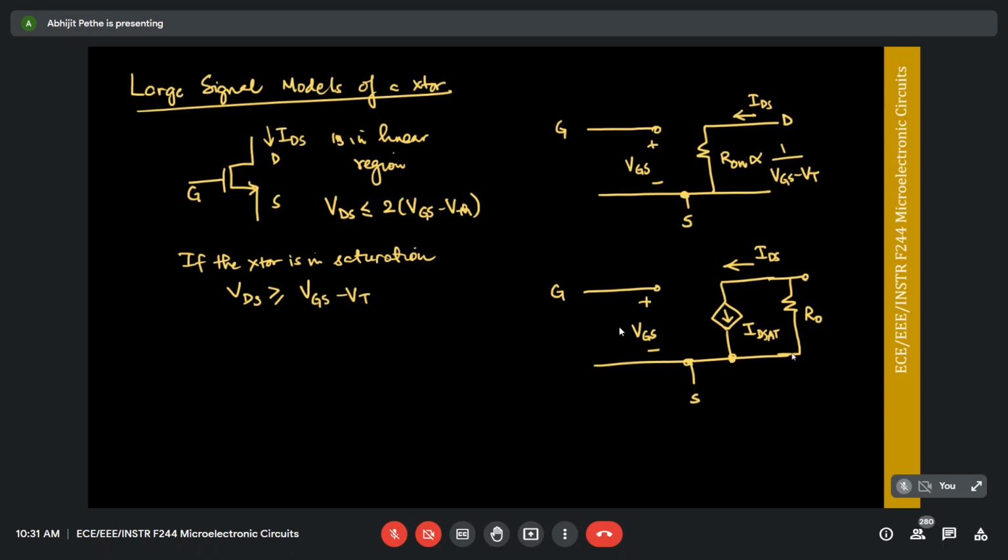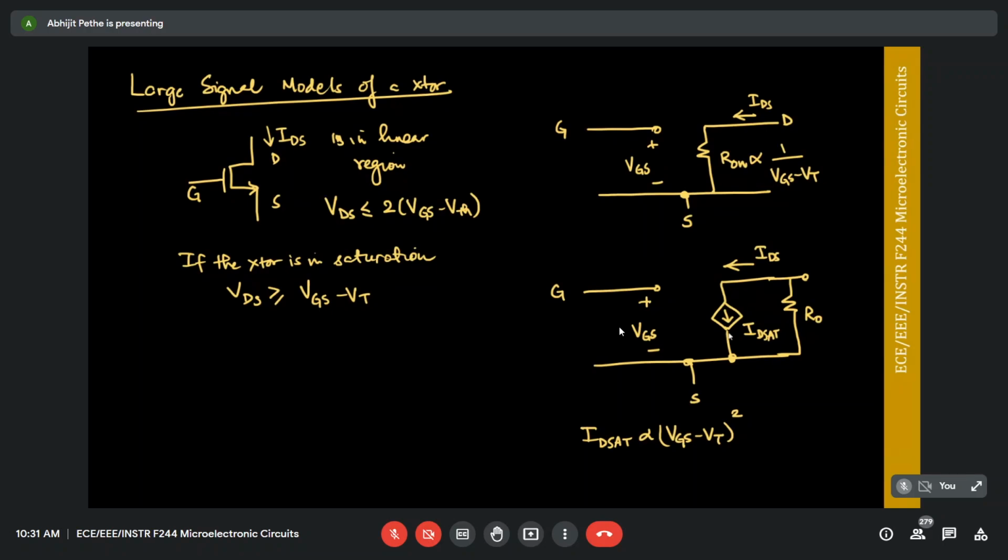Remember ID_SAT is proportional to (VGS minus VT) whole square in our model. So we have a voltage dependent current source, which is what we've been talking about.